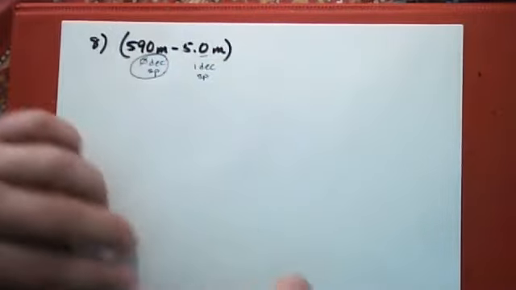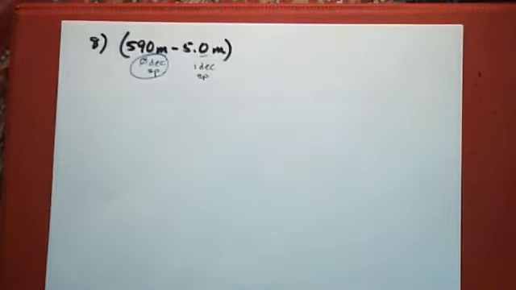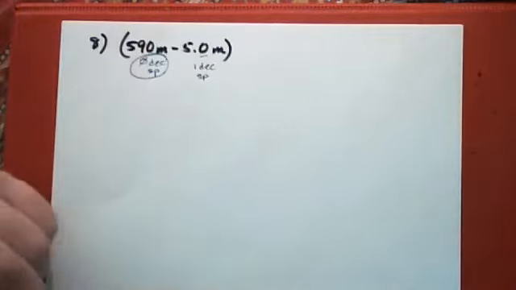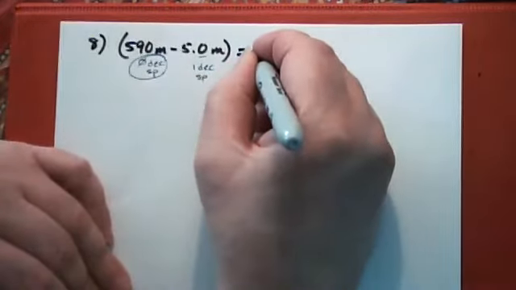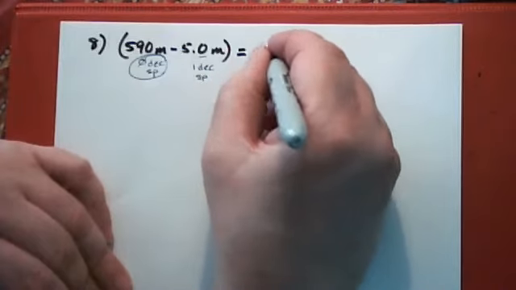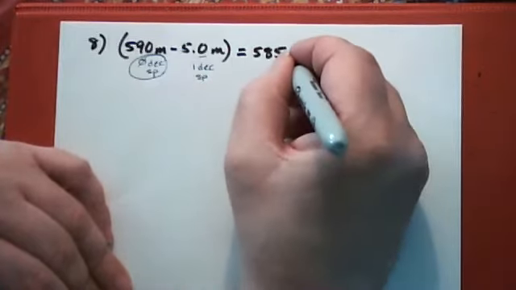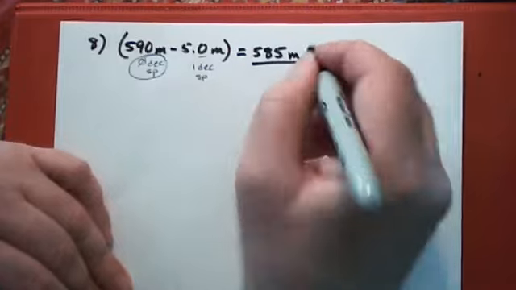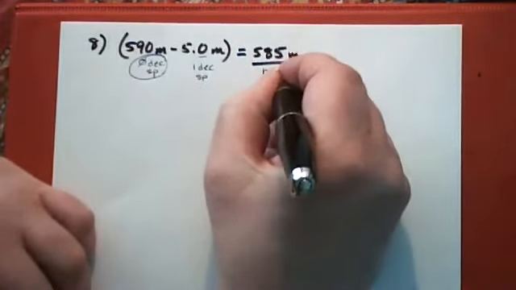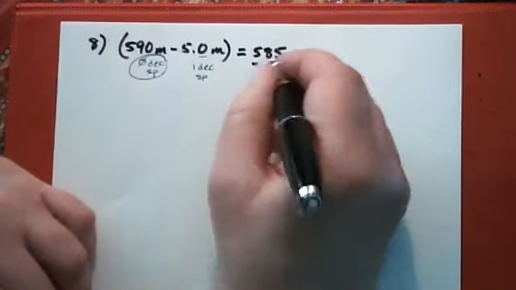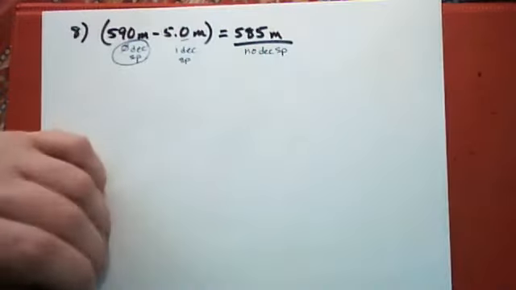You go with the smaller number, so that's 0. And if you have 590 minus 5.0, and you do it on the calculator, you actually get the correct number of significant figures out of this, which is 585 meters. Because that number doesn't have any decimal spaces.